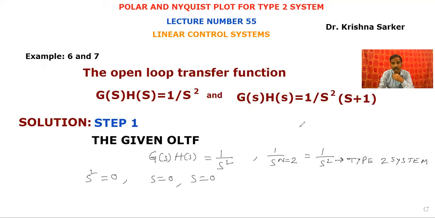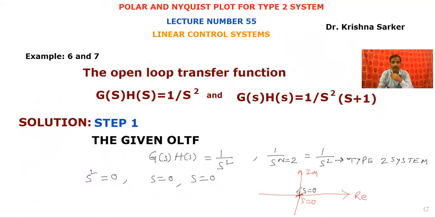So what is the open loop pole zero location? Suppose this is real part, this is imaginary part. At origin, s equals 0, 1 pole. Again, at origin, another pole, s equals 0.